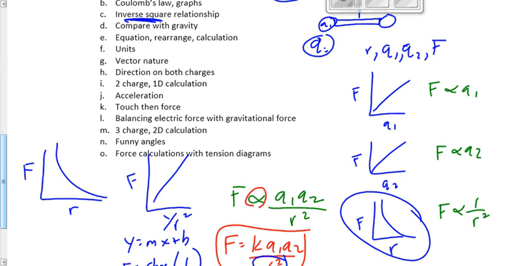Almost always, one of them is bigger than the other, and a lot bigger than the other one. Look at the constant here. G m1 m2 over R squared for gravity. K Q1 Q2 over R squared for electric force.